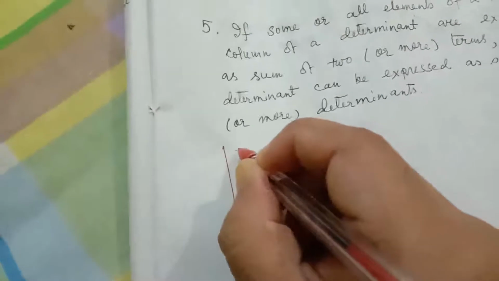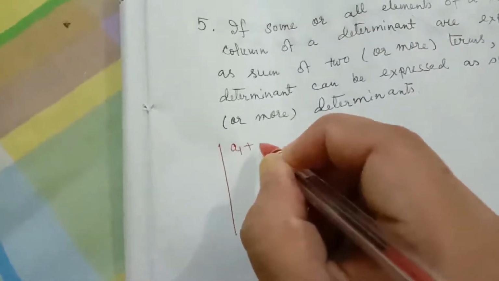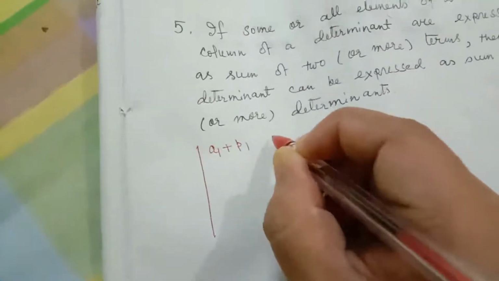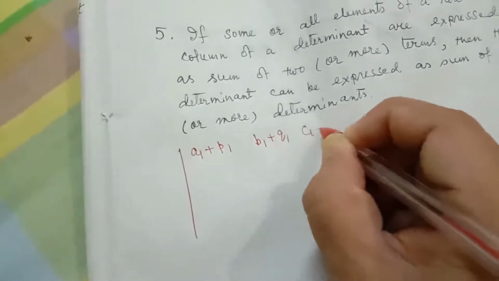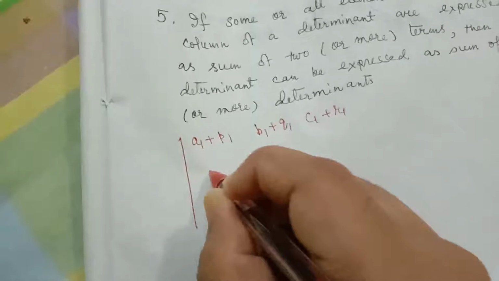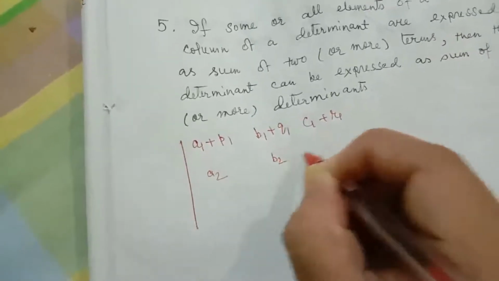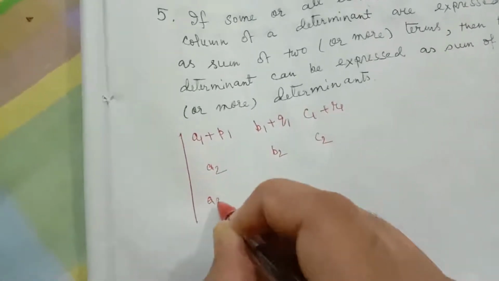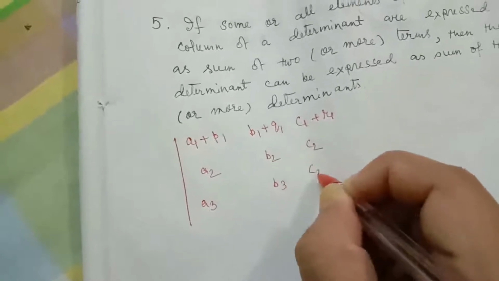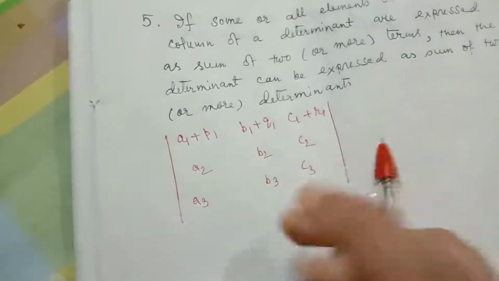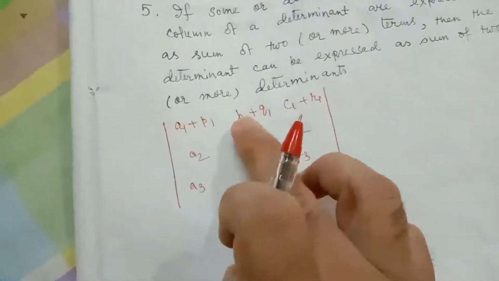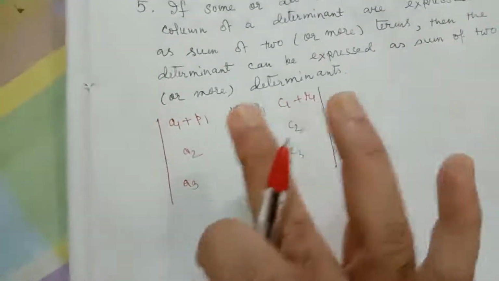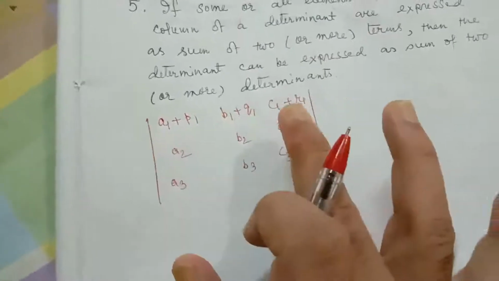Suppose this is a determinant a1 plus p1, b1 plus q1, c1 plus r1, a2, b2, c2, a3, b3, c3. Suppose each element of first row is sum of two or more elements, but here we have taken sum of two elements.